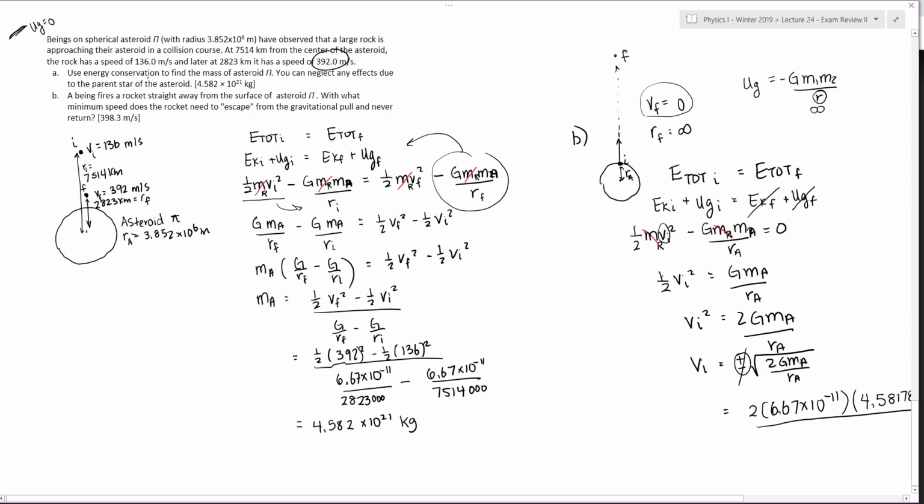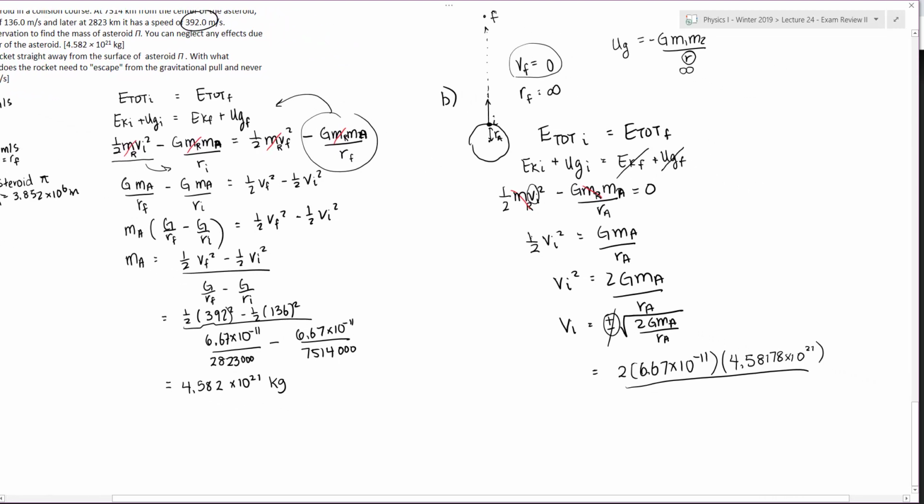Let me clean this up. I'm going to type everything up here. And I get 158,673 meters per second.